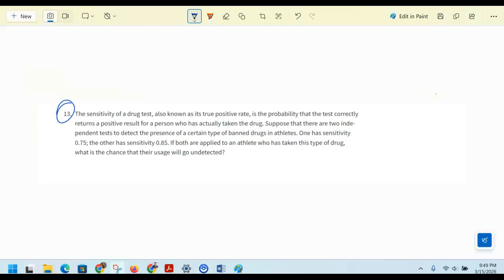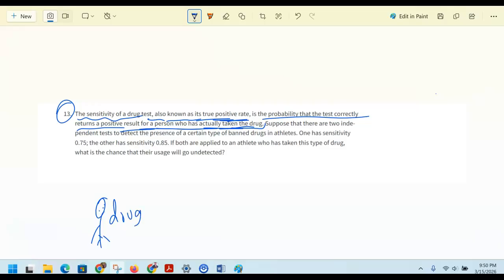Question number 13 is saying the sensitivity of a drug test, also known as its true positive rate, is the probability that the test correctly returns a positive result for a person who has actually taken the drug. That means if this person is suffering from drug use and he takes the test, there are two clinics.